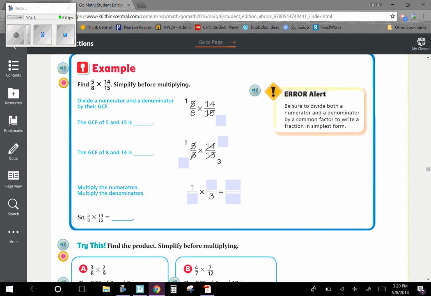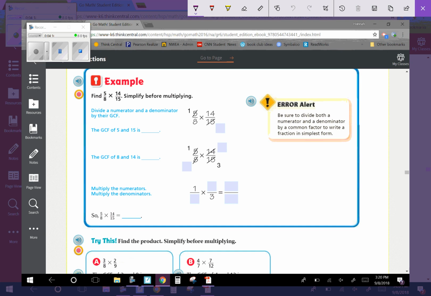For the example, it says find 5/8 multiplied by 14/15. Simplify before you multiply. So when I look at this 5 and 15, I know that they both end in 5, so that 5 is my GCF because they can both be divided by 5 if they end in a 5. And 5 divided by 5 is 1. 15 divided by 5 is 3.